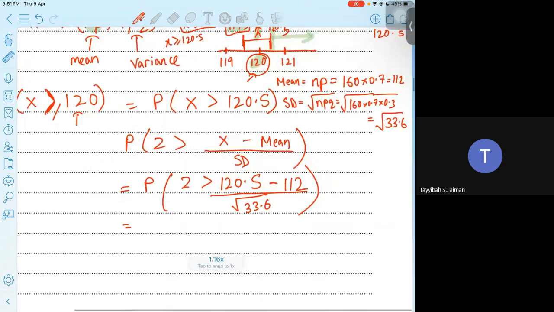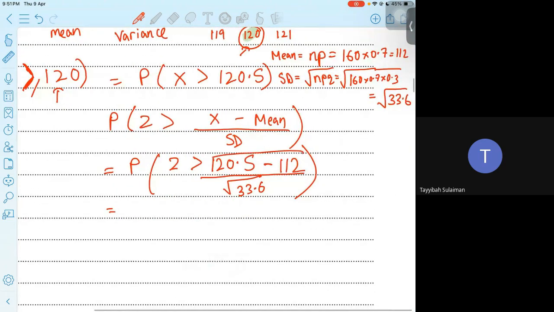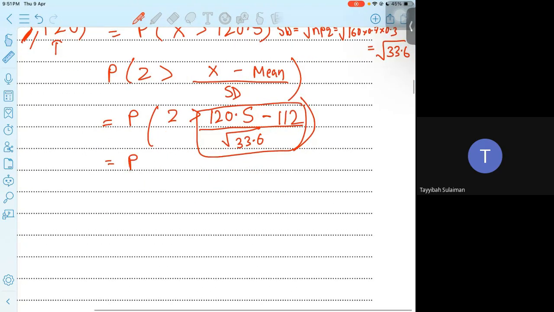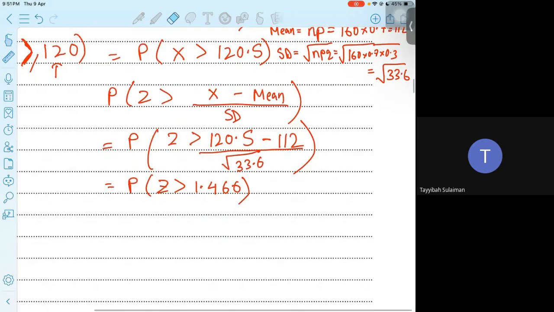If you finish this and put it in the calculator, you should have a value of 1.466. So P(Z is greater than 1.466). Do you know how to do this from the Z table, or how to do this in general?